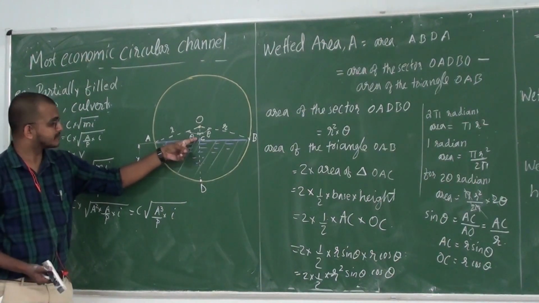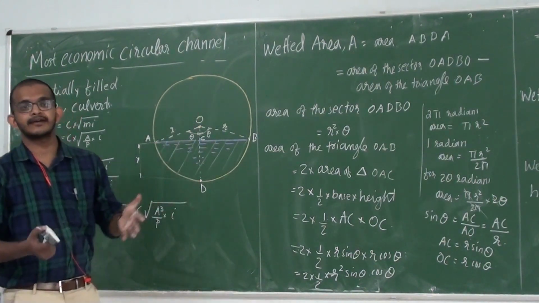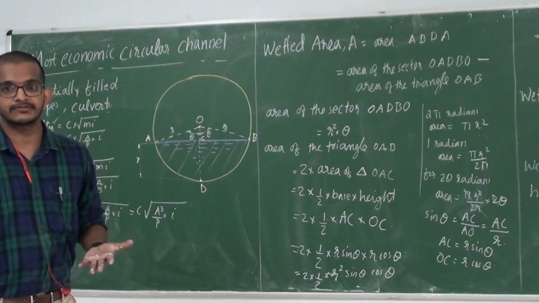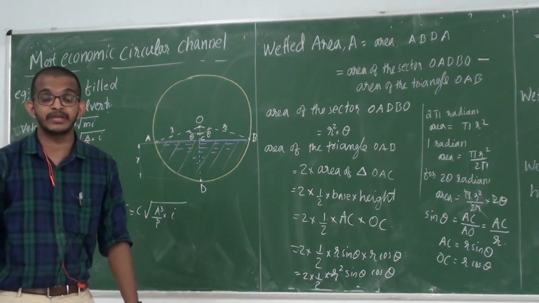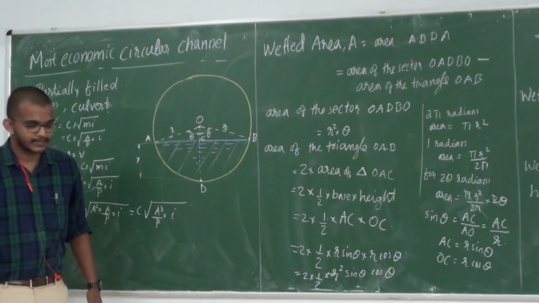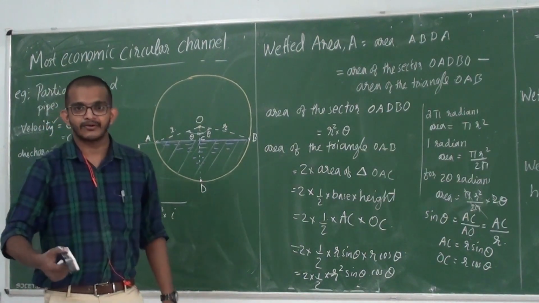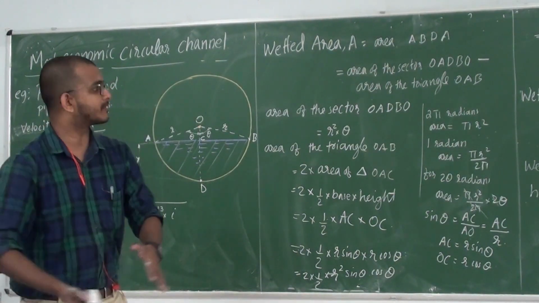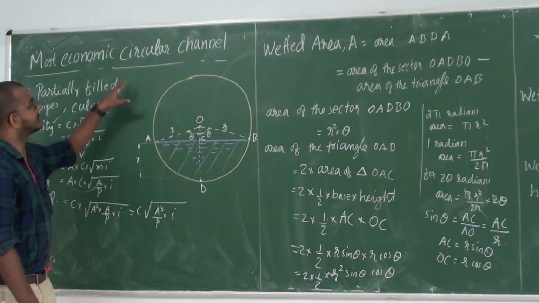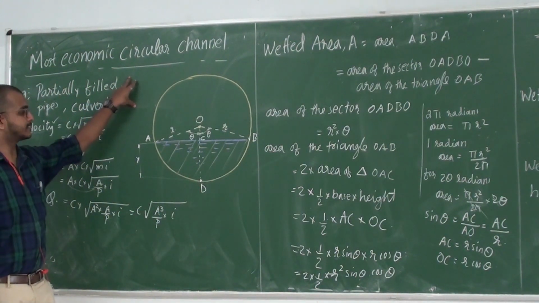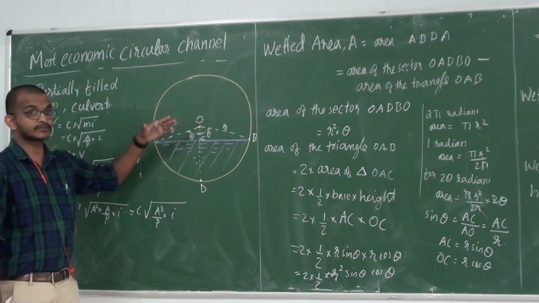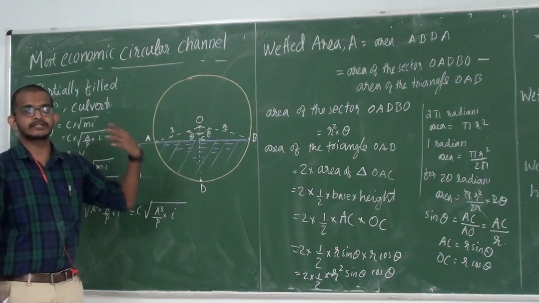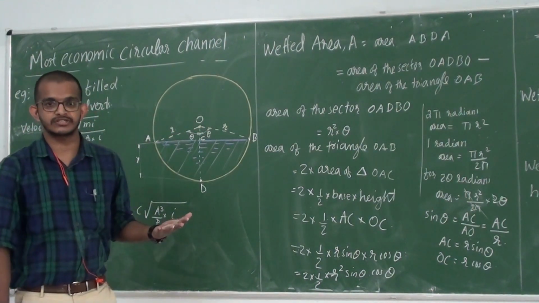If the angle changes, both vectored area and vectored perimeter change. So that is why the condition of area being constant cannot be applied here. But in trapezoidal channel or in rectangular channel, we can make the area constant by varying the perimeter. Okay, but this is not possible in circular channel.